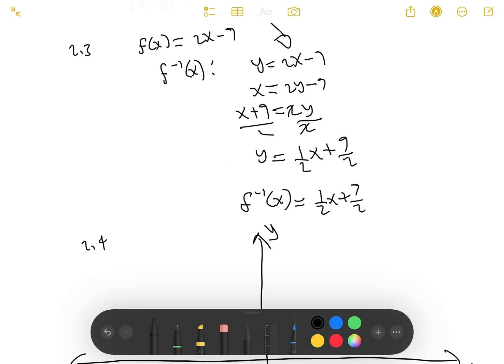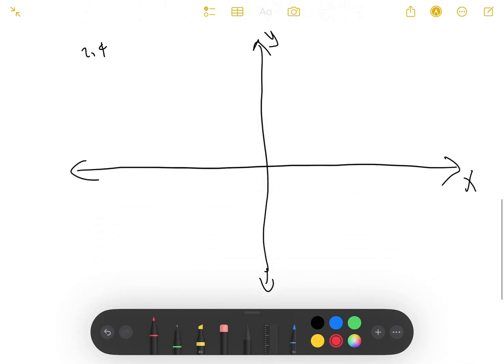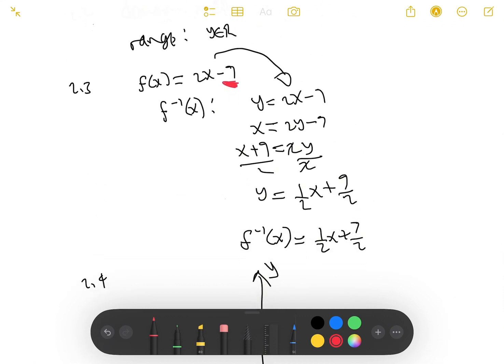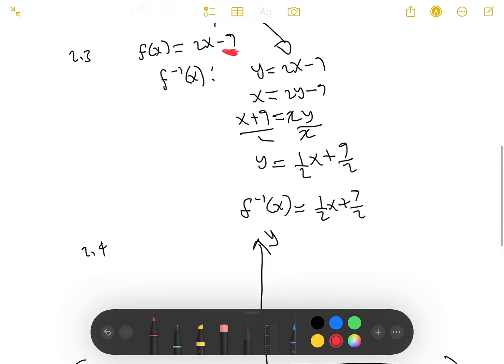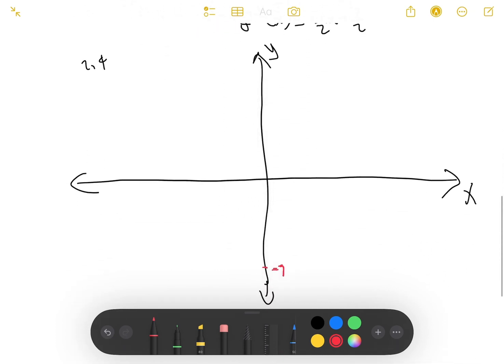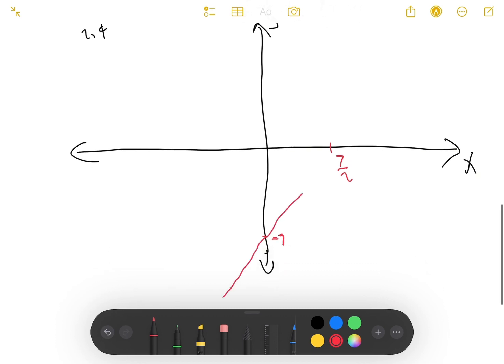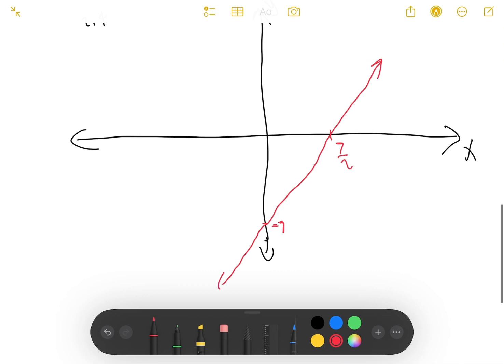I'm skipping the step of finding the intercepts, but what we notice is that the y-intercept will be -7. The other intercept will be 7 over 2, if you transpose the 7 and divide by 2. So 7 over 2 will look something like this. This will basically be the graph.